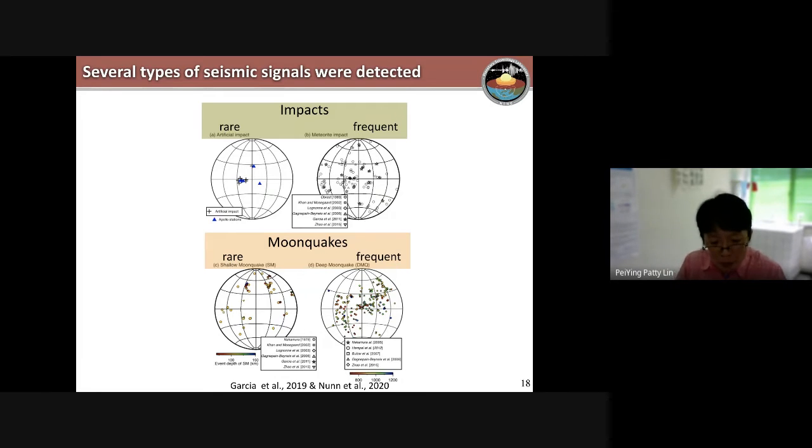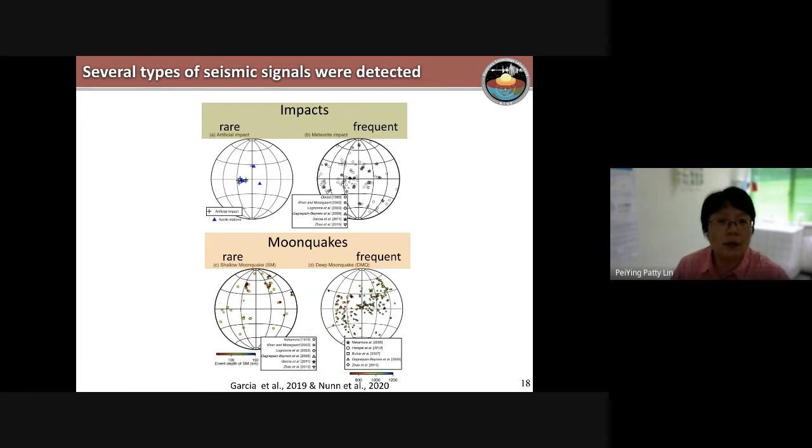These are natural events occurring between 700 and 1200 kilometers depth in the Moon, and they are abundant. There are more than 10,000 deep moonquakes happening on the Moon.